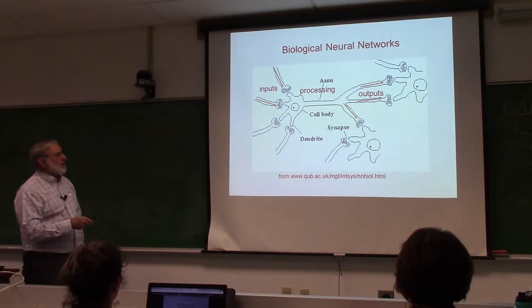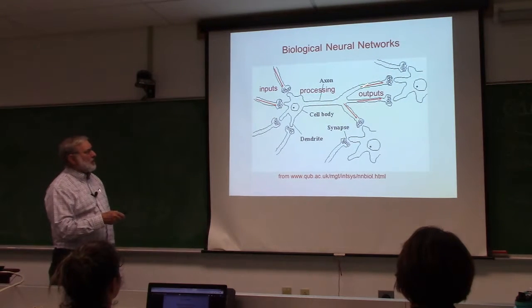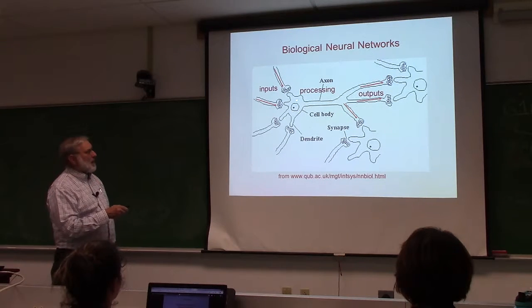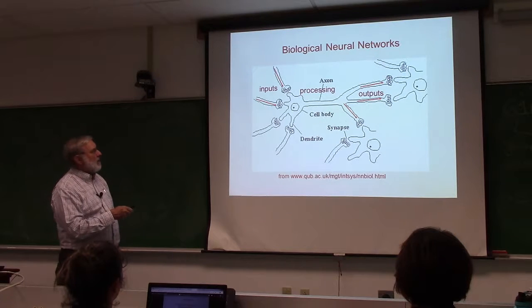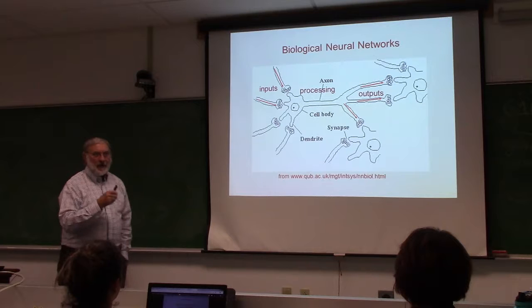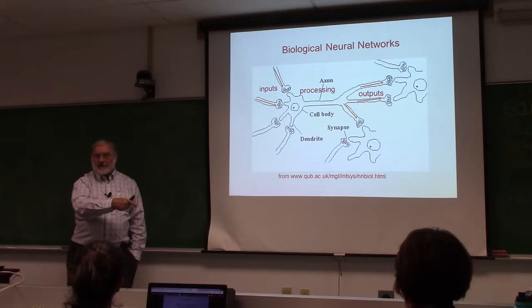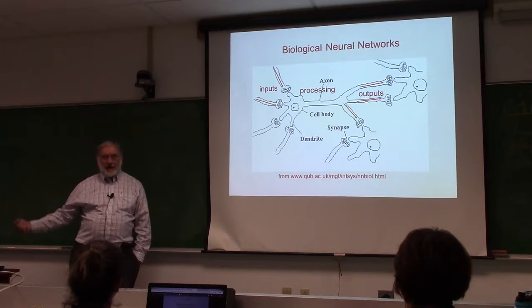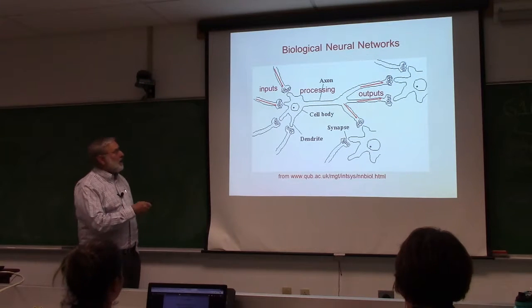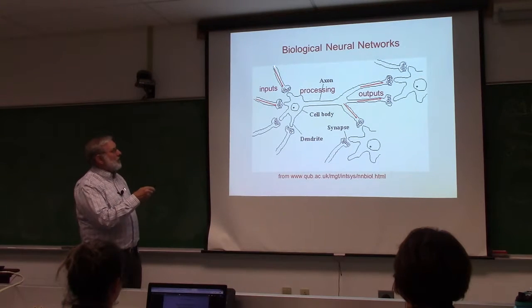So here's the idea. This is a cartoon of an actual neuron in your brain. There's a cell body here that's the processing unit, and it gets inputs from neighboring cells. Those inputs are simply that the neighboring cells sent an electrical signal or they didn't. So the neighboring cells fired or they didn't. Here two other cells are sending in an electrical impulse and there's two that are not.